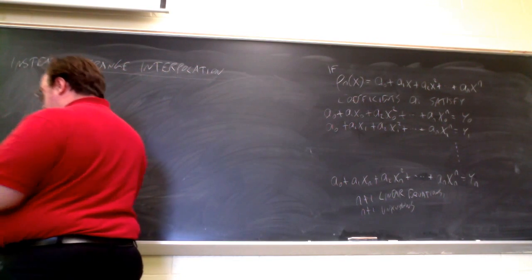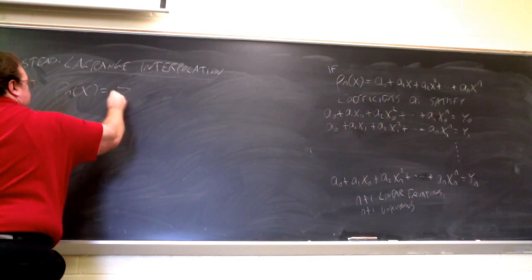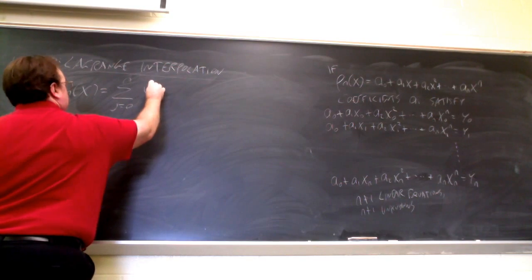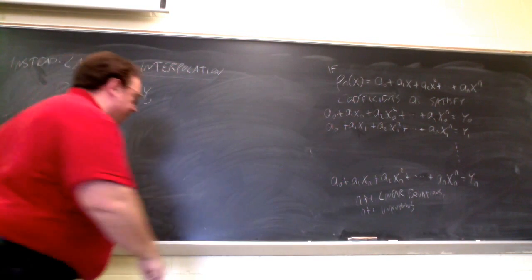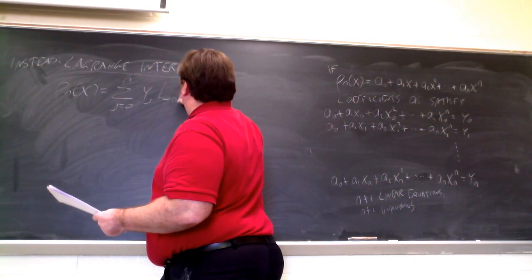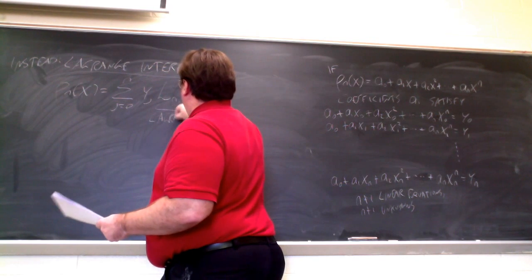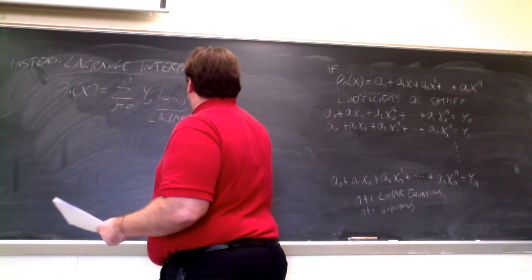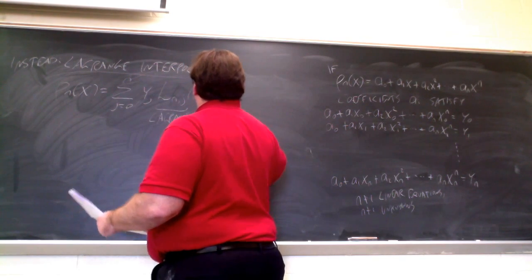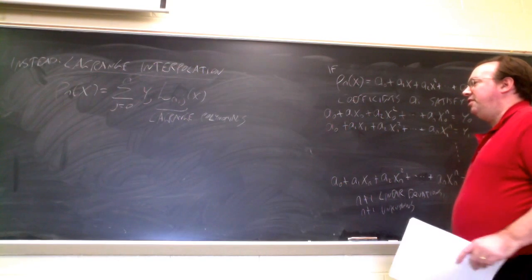Okay. So Lagrange interpolation, I express Pn of x as a linear combination where the coefficients are just going to be the y values that I'm given. And I have these Lagrange polynomials that I'm combining instead of just the monomials.